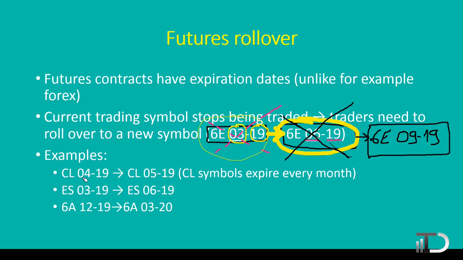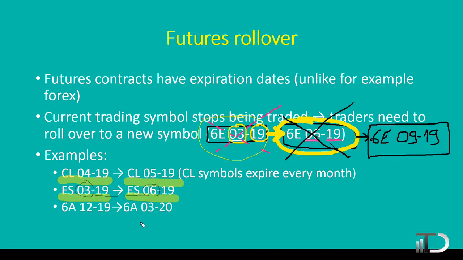Here you have some examples of the symbols and their expiration dates. So for example, CL, which is crude oil, expires in the 4th month of 2019, and the next one you roll over to will have expiration in the next month. The crude oil symbols expire every month. In this example, this is the ES, Standard & Poor's futures, with expiration after 3 months, from March to June.